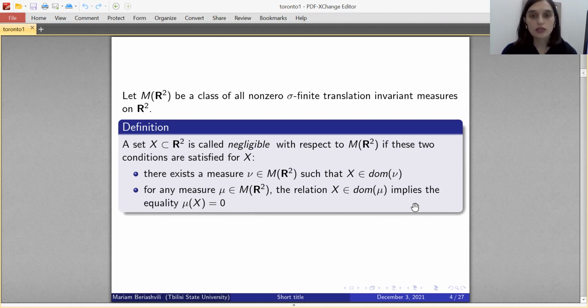It is negligible with respect to this class if these 2 conditions are satisfied: there exists a measure nu such that X is in the domain of nu, and for any measure mu from this class, if X is in the domain of mu, it implies that X is a null set, and the measure of X is equal to 0. We call such sets negligible sets.